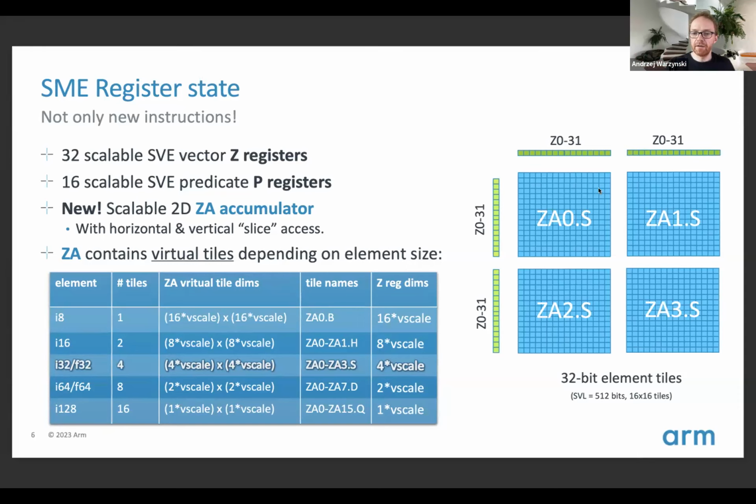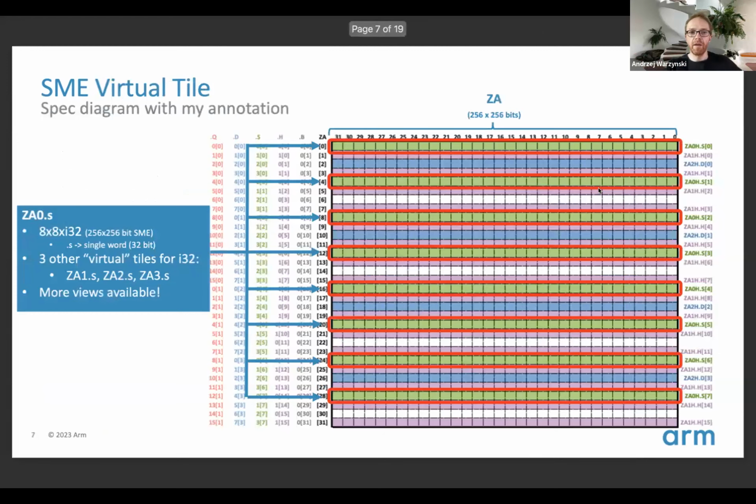So this is me trying to explain what these tiles actually are and where they come from. And this can be a bit counterintuitive. So I think this definitely helped me a lot to understand what is happening. The diagram is taken from this spec, so you can go to this spec yourself and check the diagram.